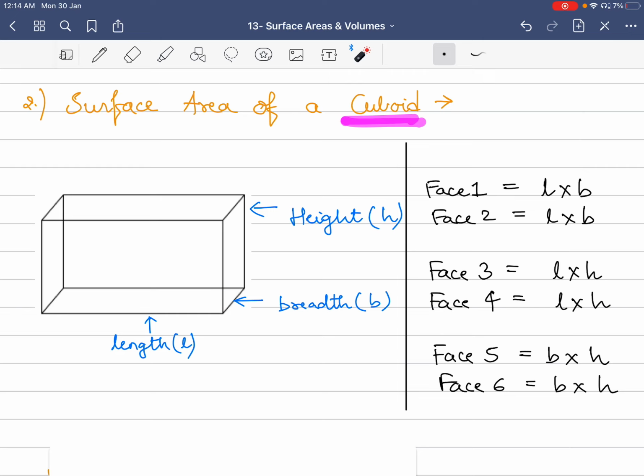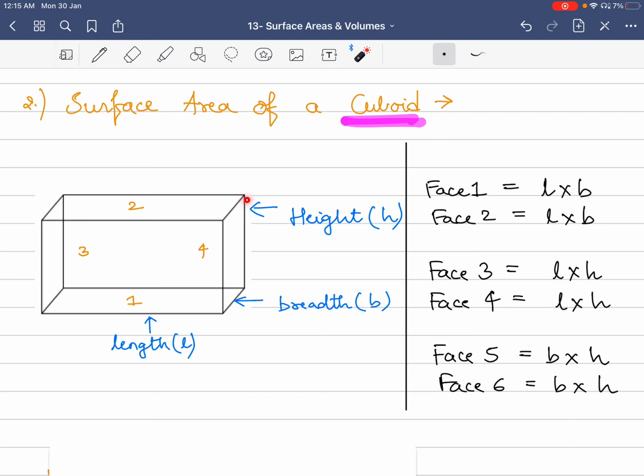So this is our face 1, this is our face number 2. Then this big rectangle is face number 3, and the behind rectangle is face number 4.